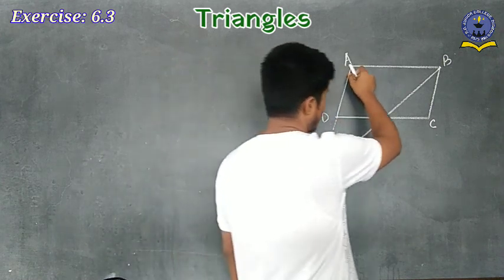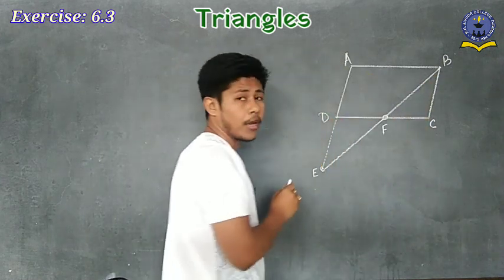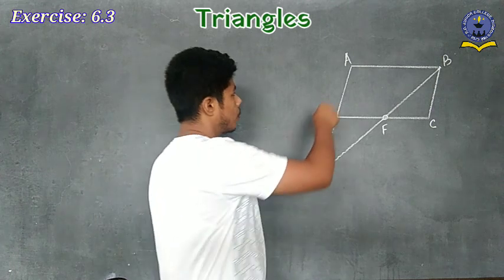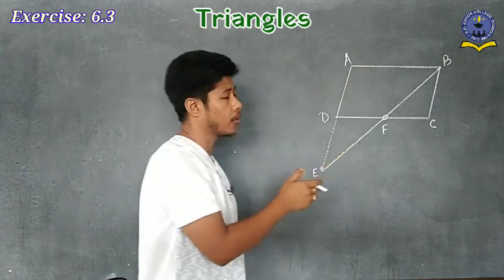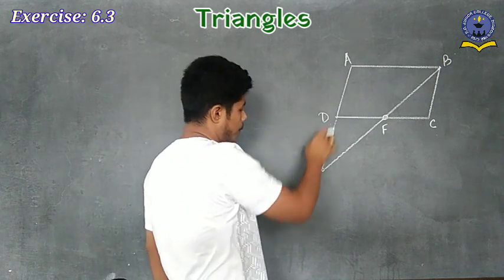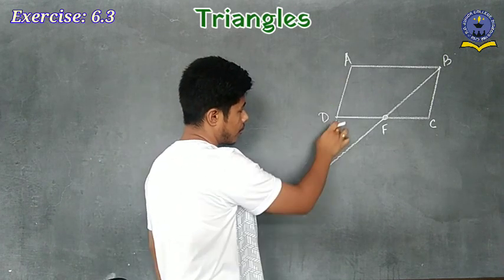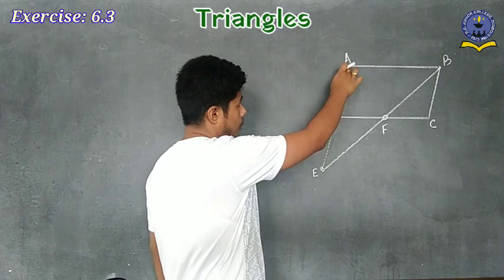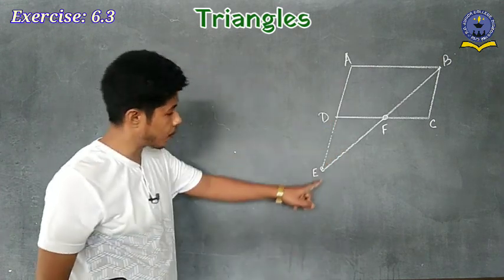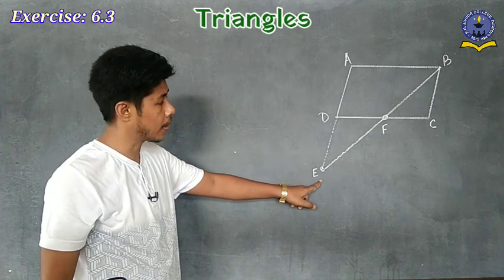So here first of all we draw a parallelogram ABCD, and then we have to produce this AD line. We have to increase this line, or produce this line AD up to this place, suppose. That's why a dotted line is drawn here. So if AD is produced up to E, is it clear?